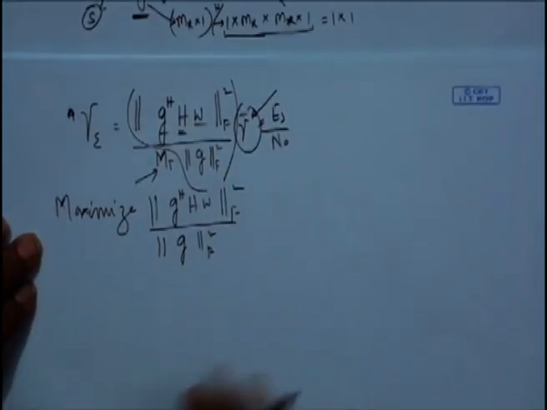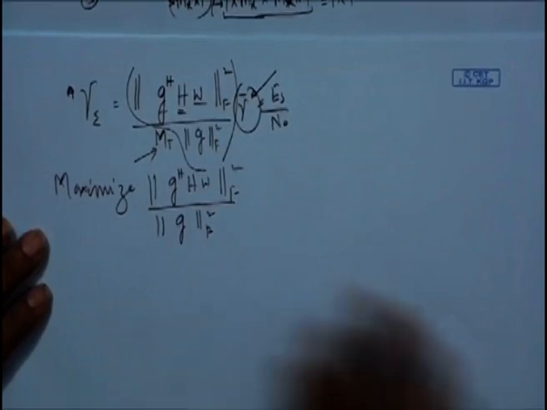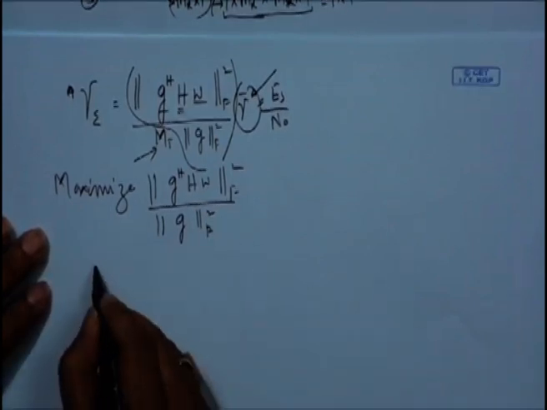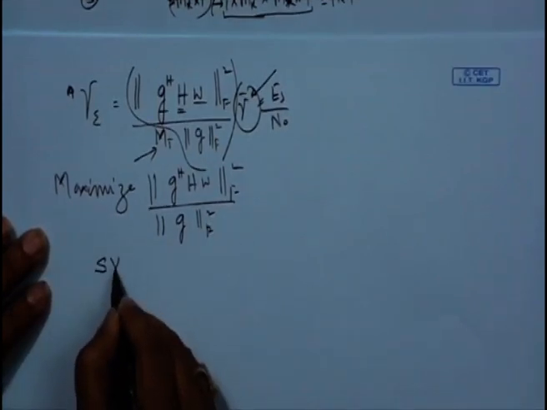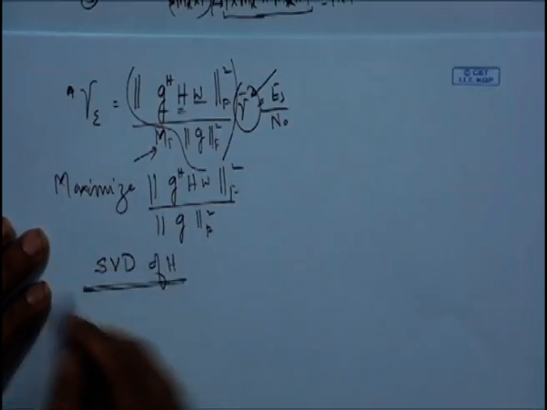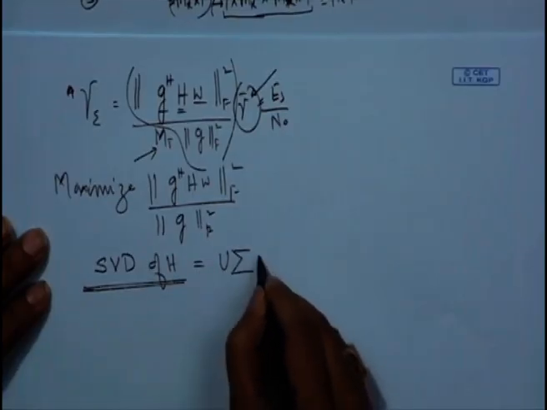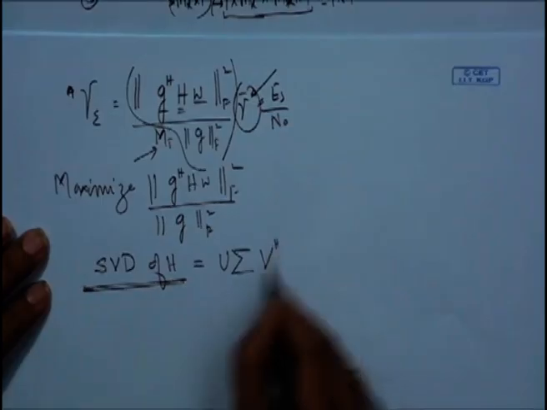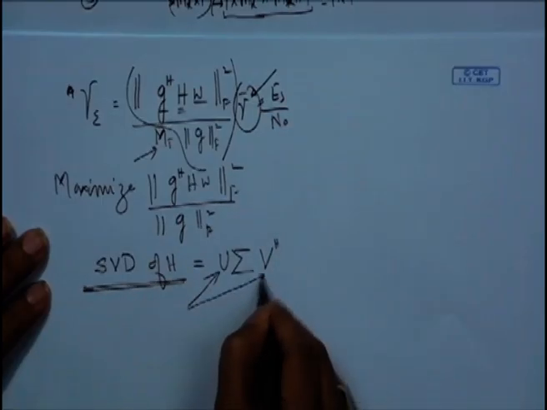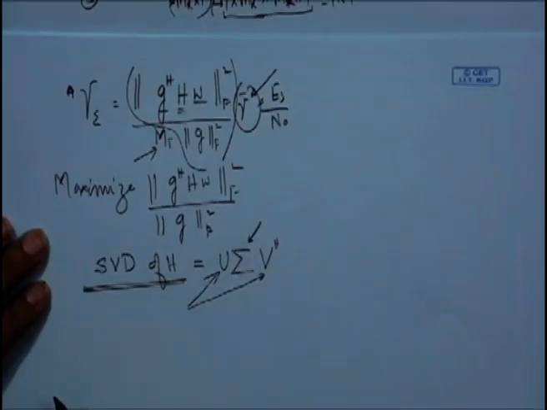This could be done in many ways. So what we would be proposing directly, instead of actually deriving through which maximizes, is to use the SVD of H. So the SVD of H could be U times Sigma, some big matrix, times V Hermitian, where U and V are unitary matrices, and Sigma is the singular value diagonal matrix.